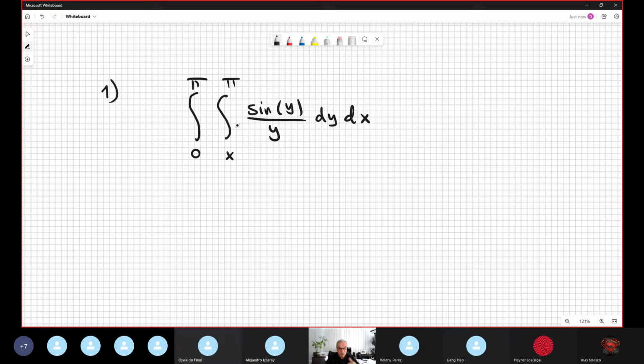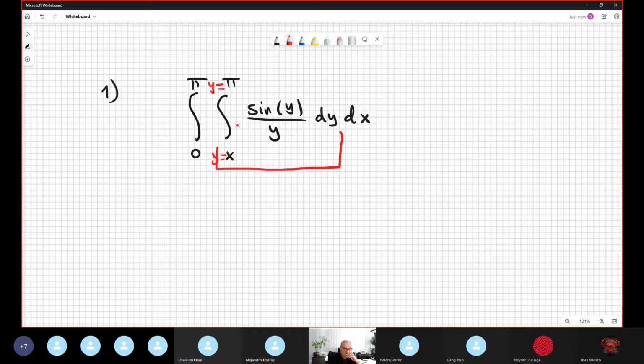The first thing that you should do is understand how the student set out this integral. I can see the first level of the integration is dy. Therefore, this is the y value.